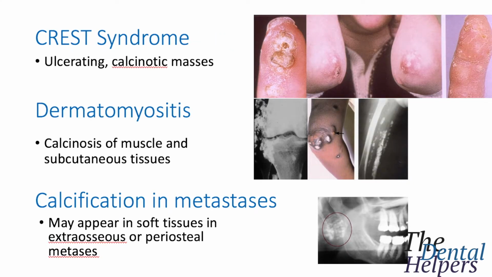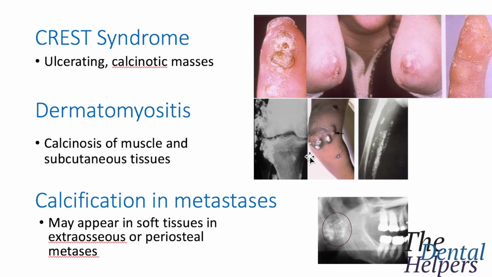So that's why they have these patterns like you see right here. And these are the last three things. CREST syndrome is ulcerating calcinotic masses. If we look at these right here, they're just a bunch of nasty calcinotic masses. Dermatomyositis is calcinosis of muscle and subcutaneous tissues.